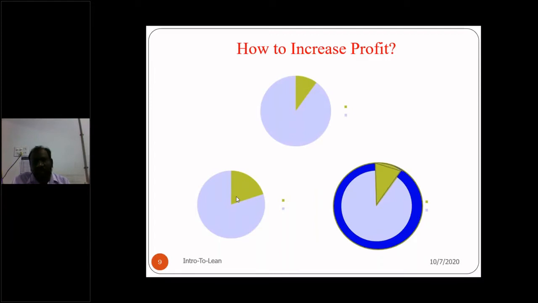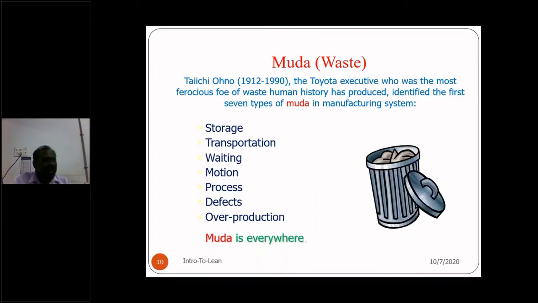You should go for the increment of profits. In this Toyota model, there are transportation, storage, waiting, motions, and process. You can see the defects and overproduction. These are the things where we have to focus.